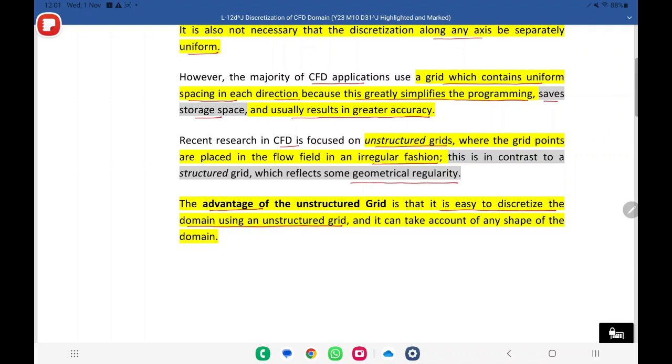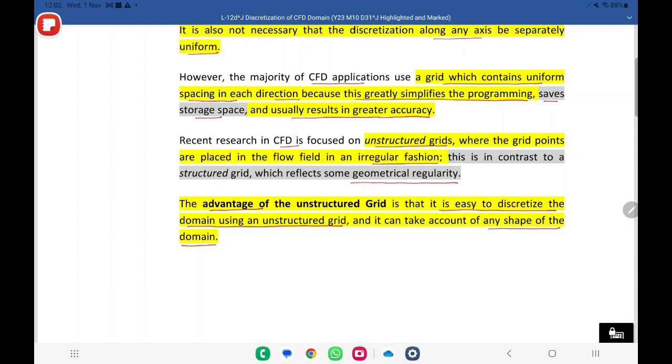Small programs, computer makes its own grid. And the bigger advantage is that it can take any shape or domain. The structured grids are limited, that they can pick up only particular types of shapes. Unstructured grid can take up any shapes.